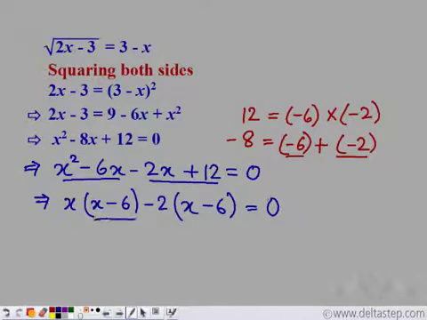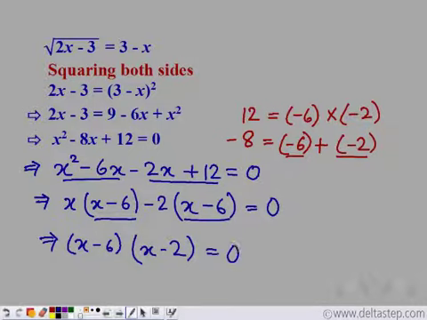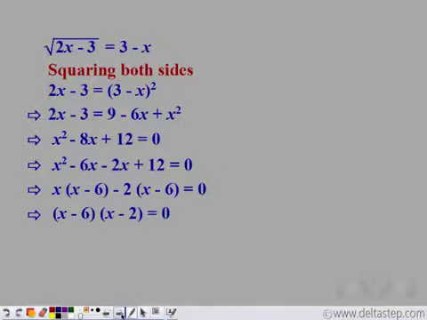Now we have x minus 6 and x minus 6. So this is common. So we take x minus 6 into, we have x here and we have negative 2 here. So x minus 6 into x minus 2 equal to 0.